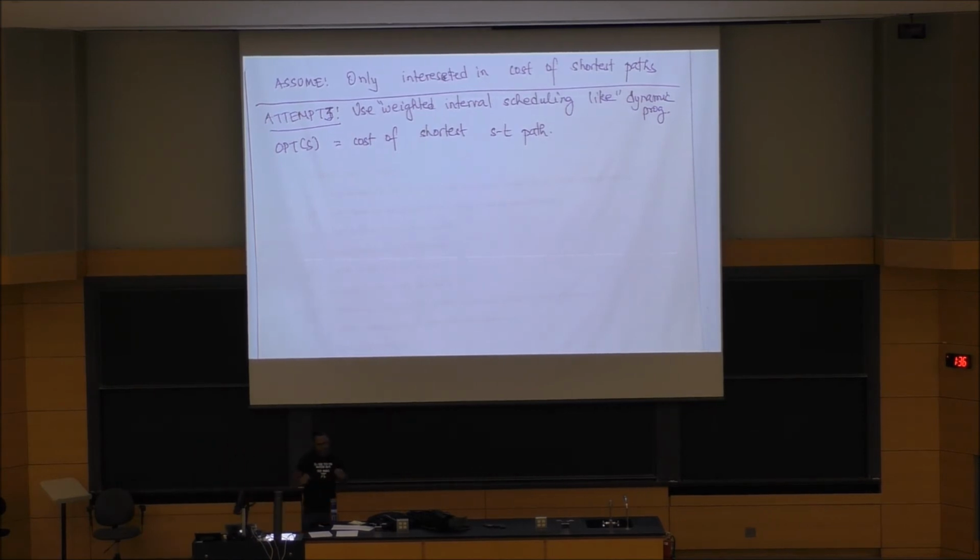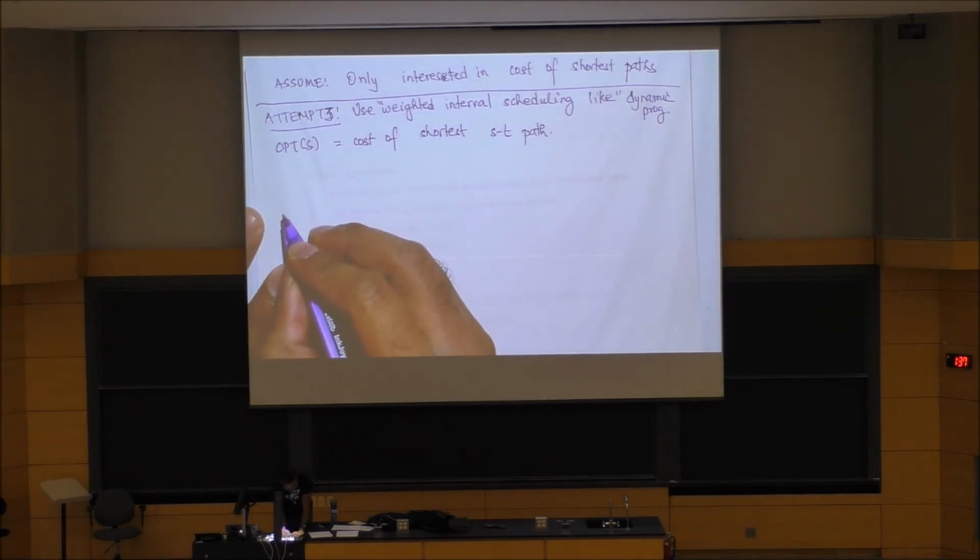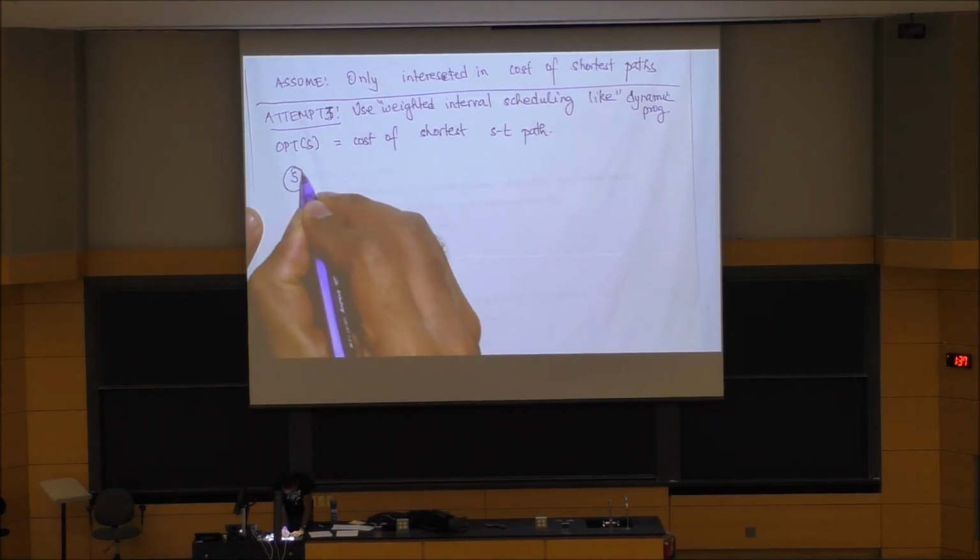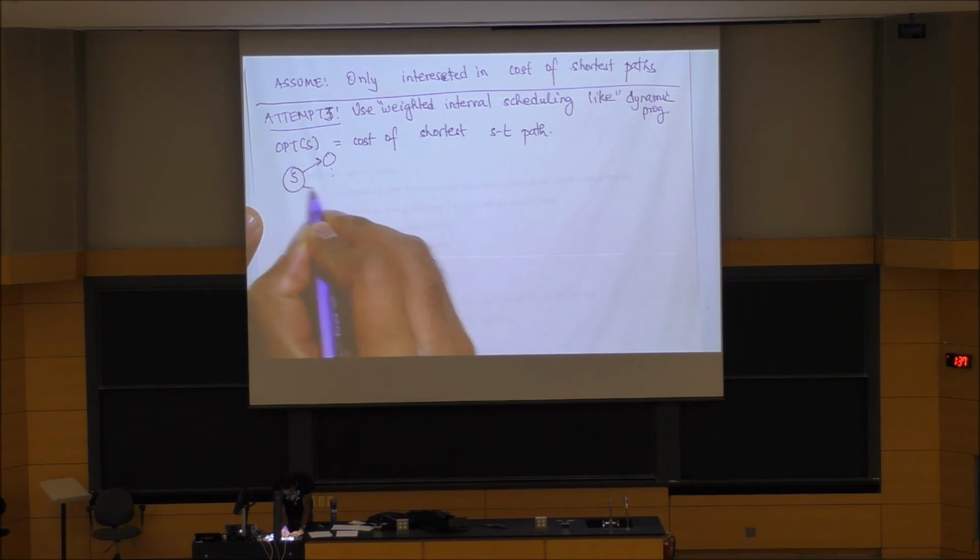And one of the observations that we'll also use at the end is to note that if you want to go from S to T, unless S is equal to T, you probably need to take one edge out of S, right? Unless there exists no path. So you look at the case where S has a bunch of neighbors.